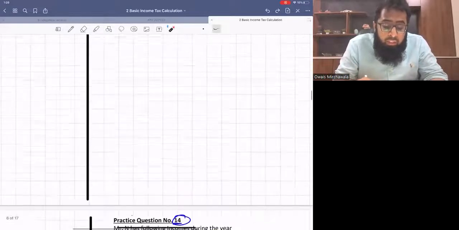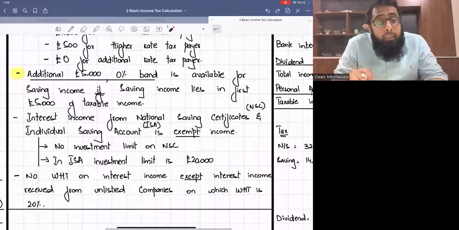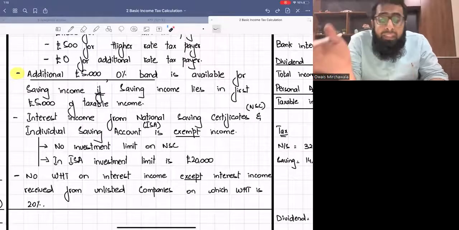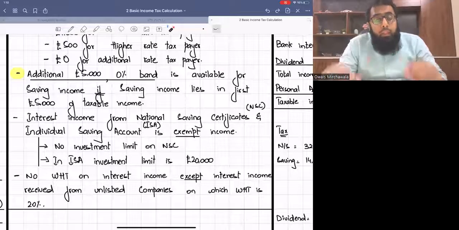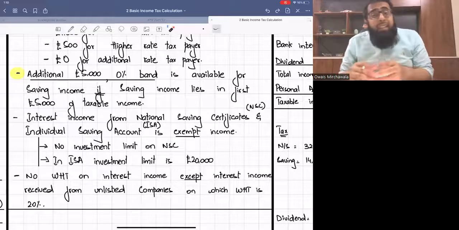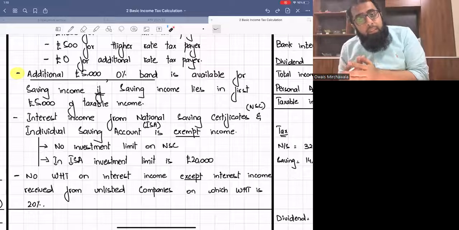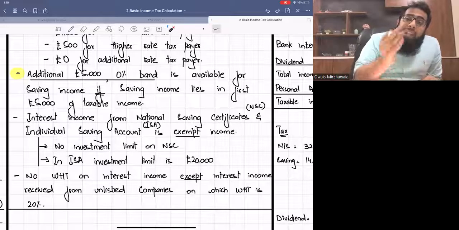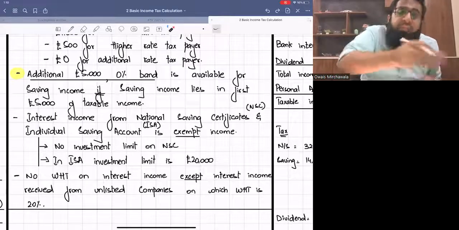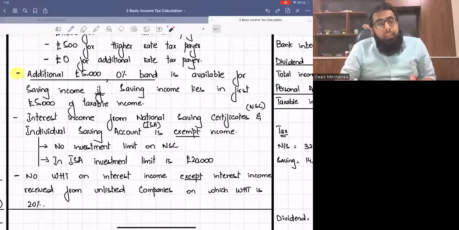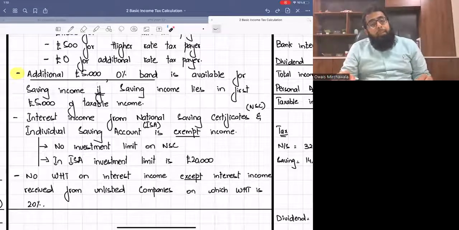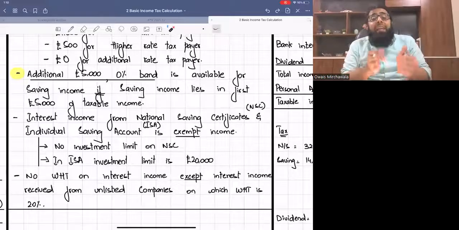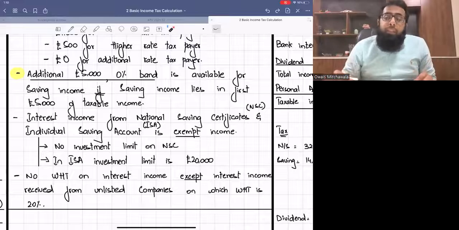If your non-saving income is less than 5,000, then only saving income will get space in the first 5,000, and in that case the saving income will have an additional 0% band. But that is only till the first 5,000 of the taxable income.